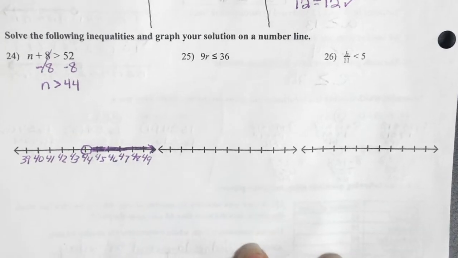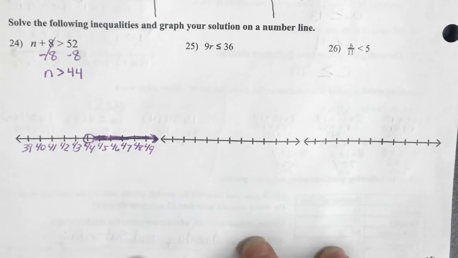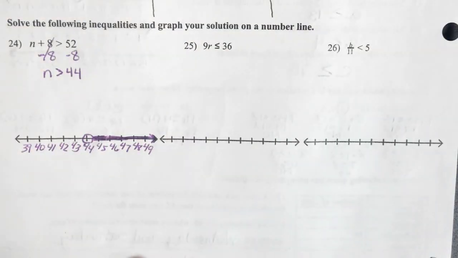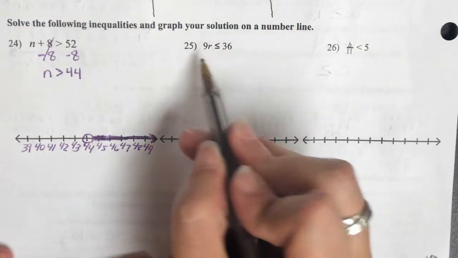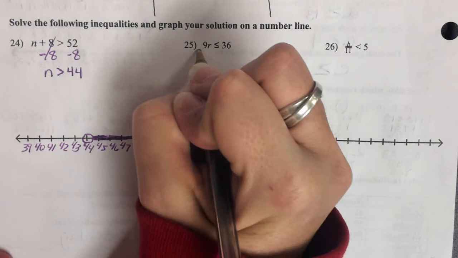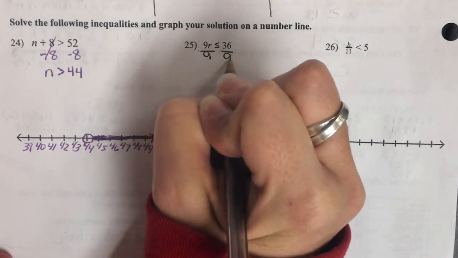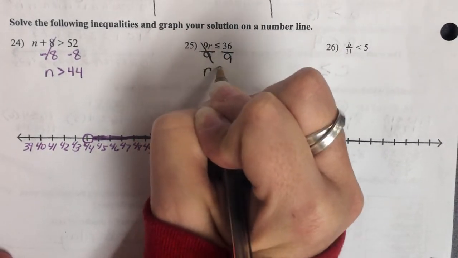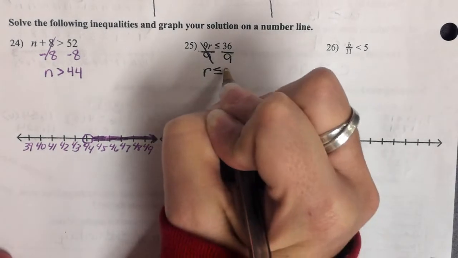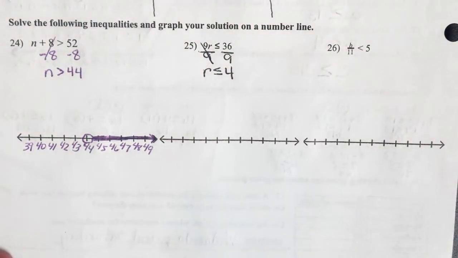Okay. I'm going to go to 25 now. I'm going to try to do it in a different color just so it'll fit. 9r, the opposite would be divide by 9. Nine times 4 is 36.